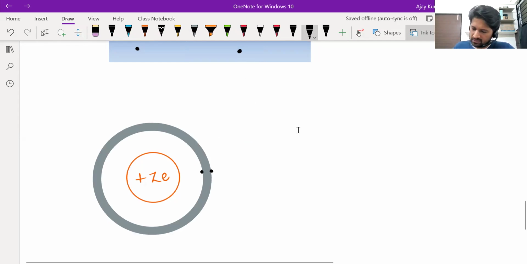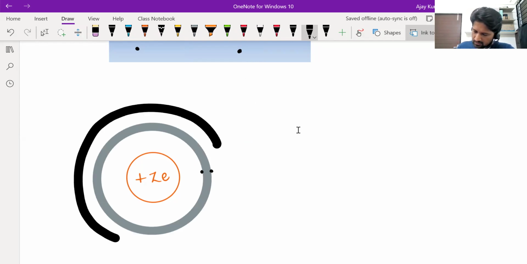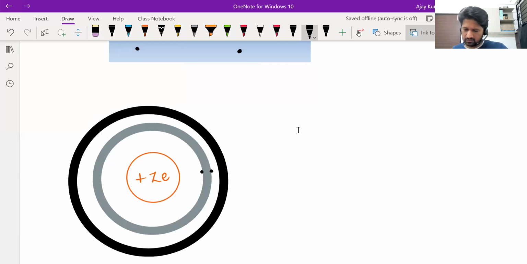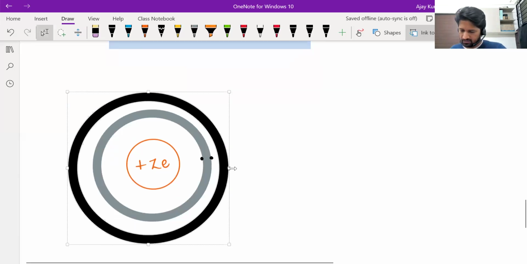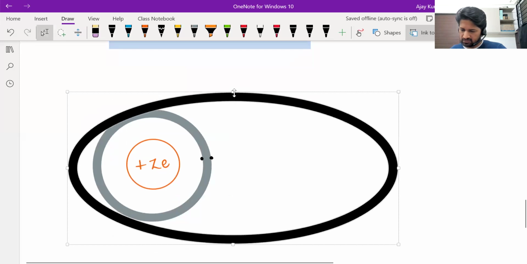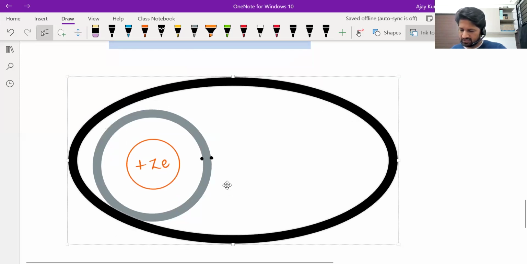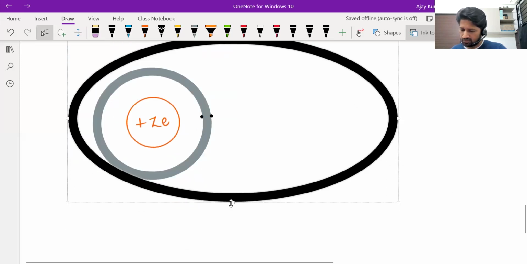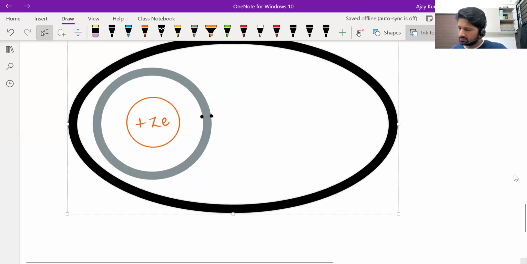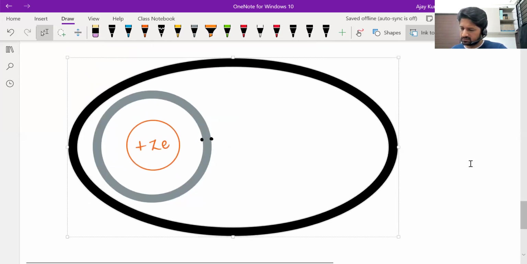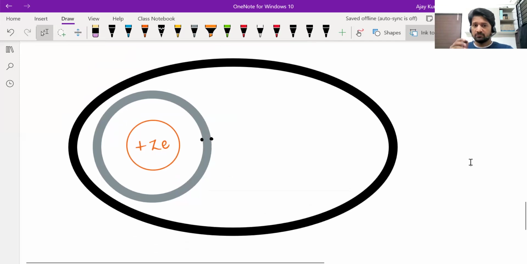Another range of energies we will take as the conduction band. I will stretch it like this because in the conduction band, it is free to roam around in the entire material. It won't be bound to one nucleus. As long as it is in the valence band, it will be around that nucleus itself, or maybe two nuclei participating in a bond.